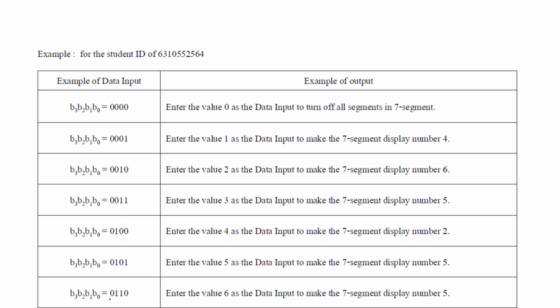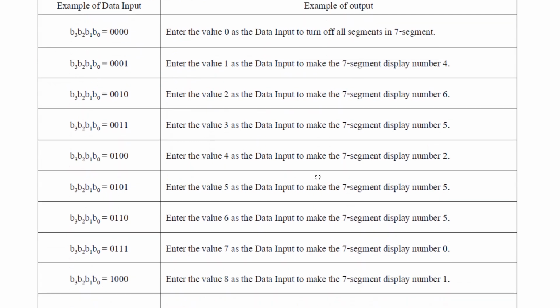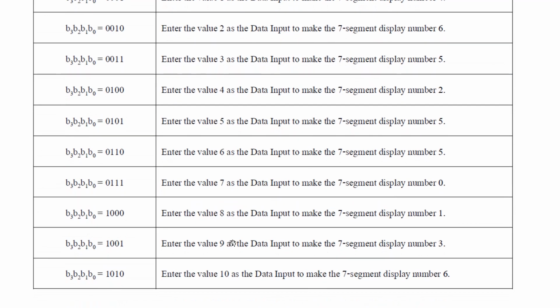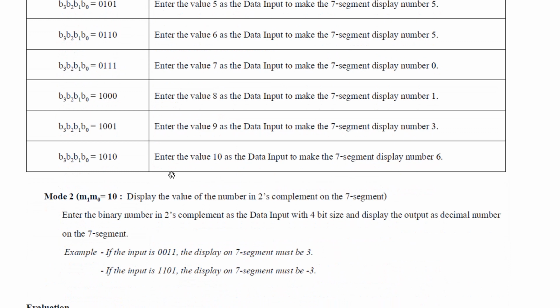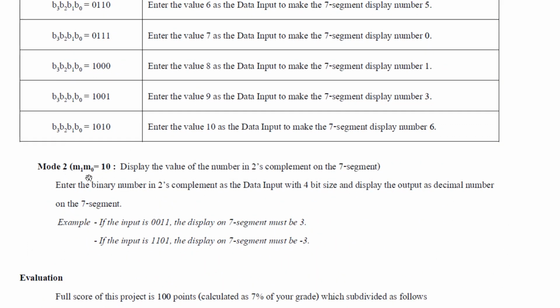And when you apply 6, you show 5, and so on, until 1010, or 10, you show 6 on the 7 segment. This is mode 1.